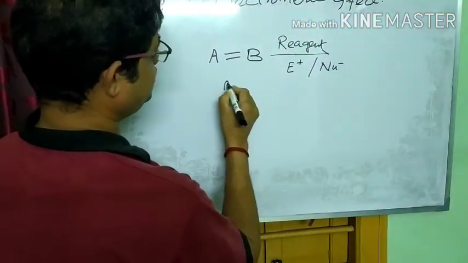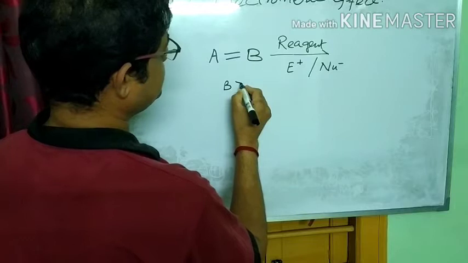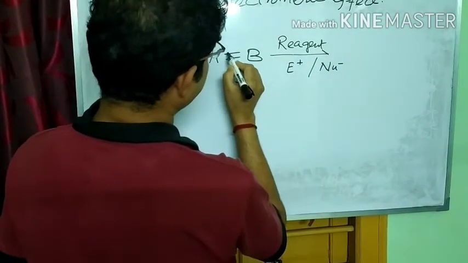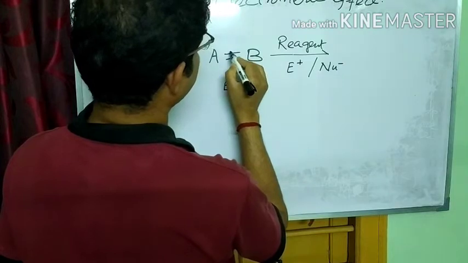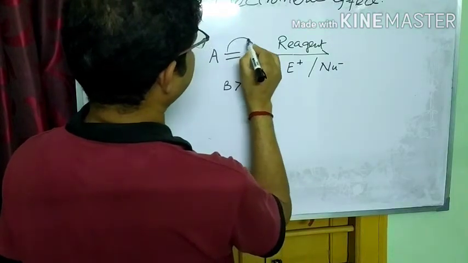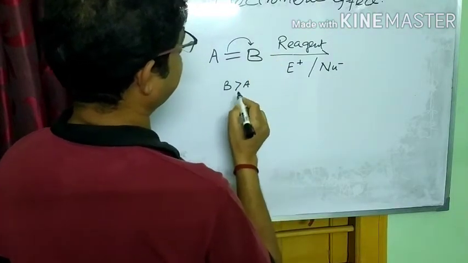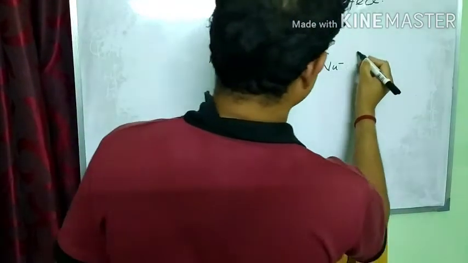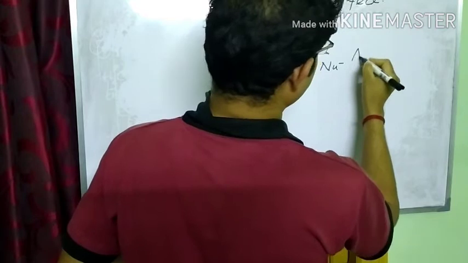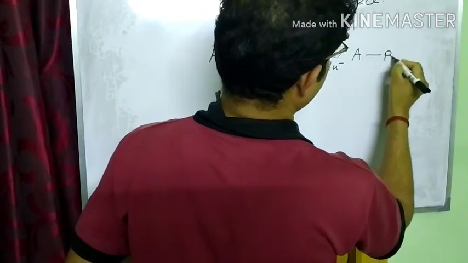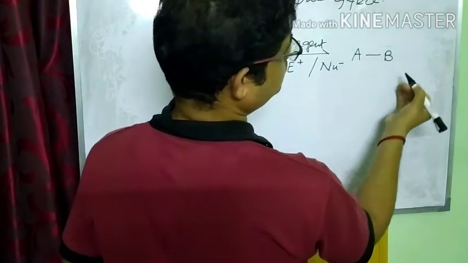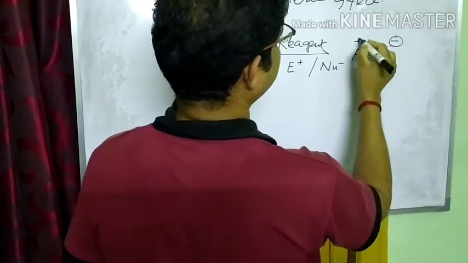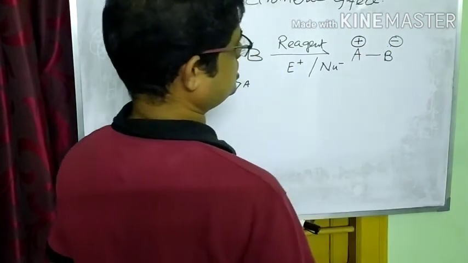If electronegativity of B is greater than A, then this pi bond electron will be shifted to B, which is more electronegative. So here B will get 2 electrons getting a negative charge and A gets a positive charge.